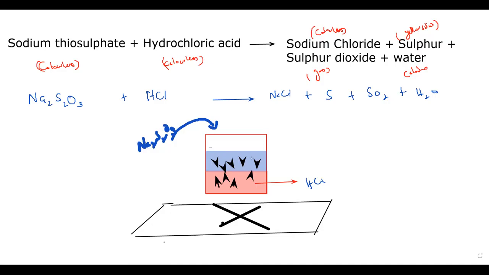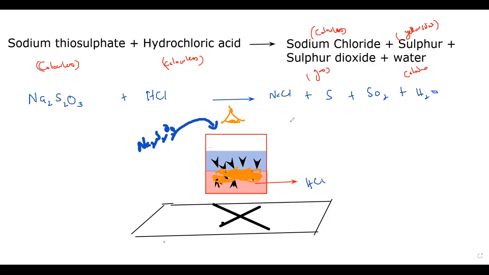But when sulfur forms, if we are looking from the top, because sulfur is a solid, it does not allow the light to pass through. So it appears that the cross has disappeared. And at what time do we start the timer or stopwatch?